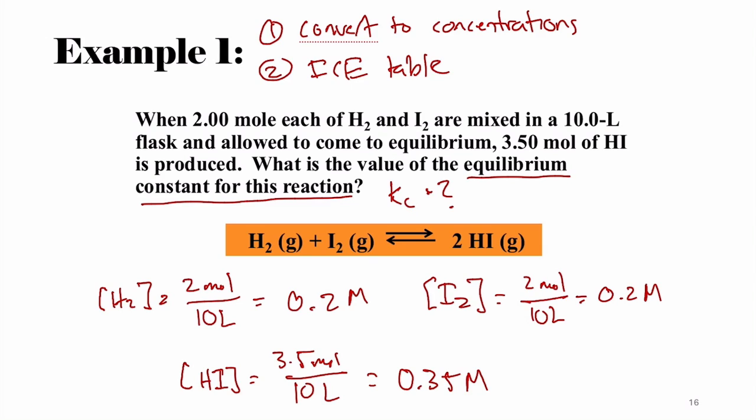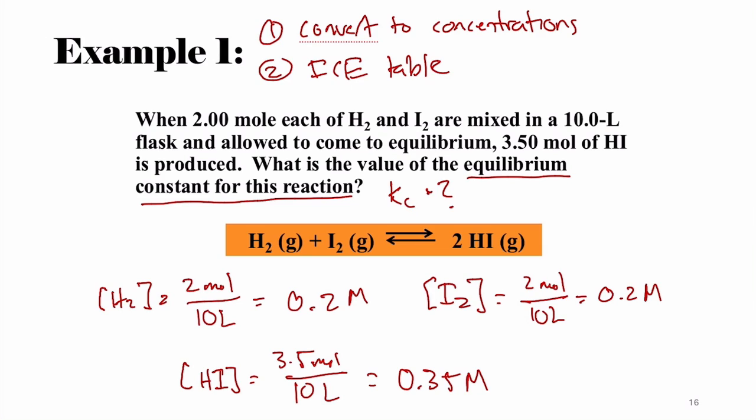So you're saying it's an increase of 0.15 from these concentrations, right? That's true. And for each one of these molecules, how many product molecules do we make? Two, right? So there's some stoichiometry that's coming into play there.